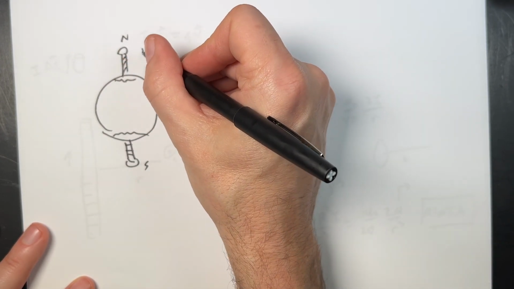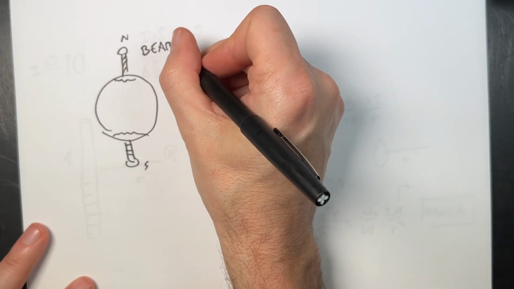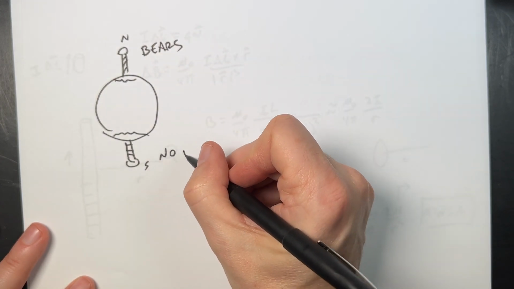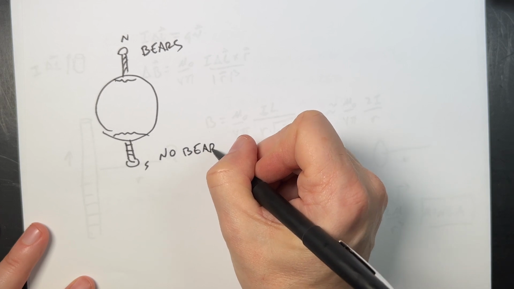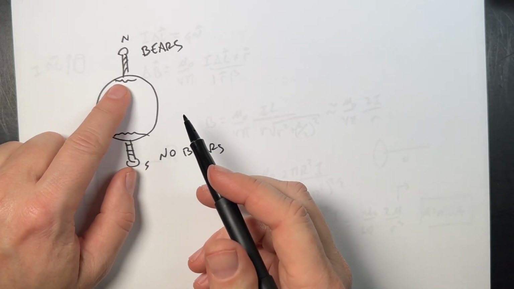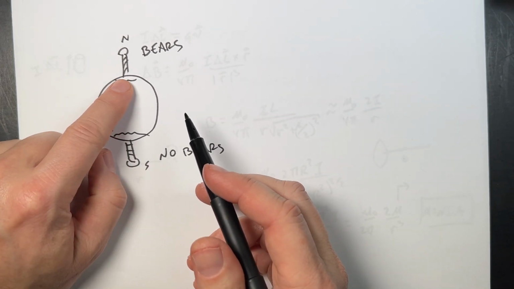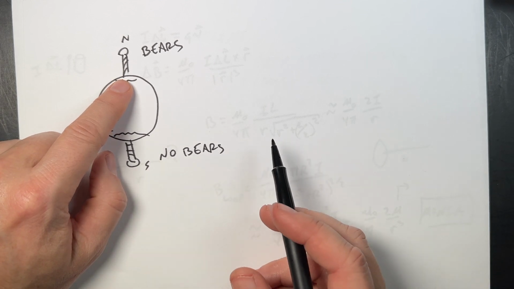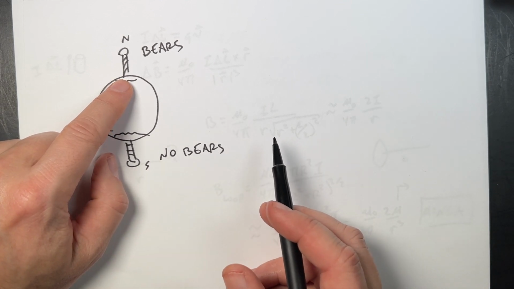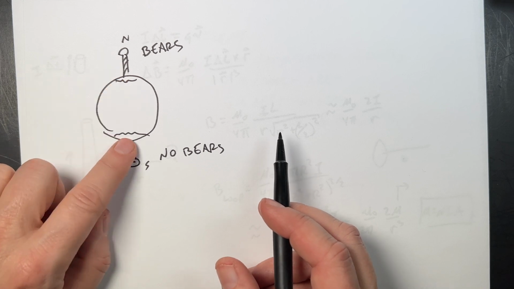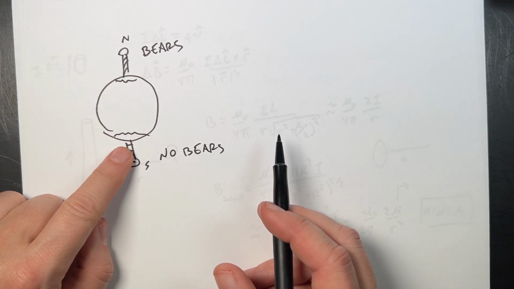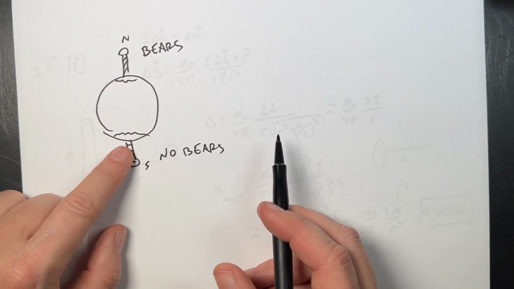And this is bears, no bears. So just if you may not know, Arctic means bears. There are bears at the North Pole. There are polar bears up there. They're very dangerous. And this is Antarctic, which means no bears. There are no bears down there. I don't know why. That's the way it is. And that's what those words mean.